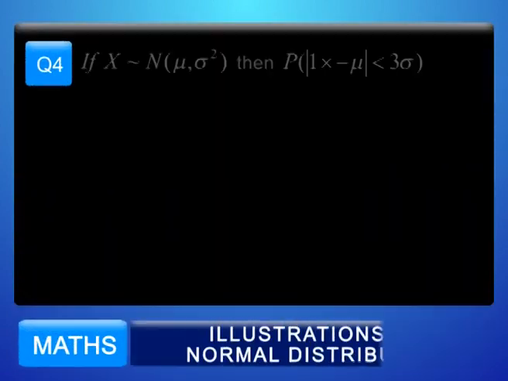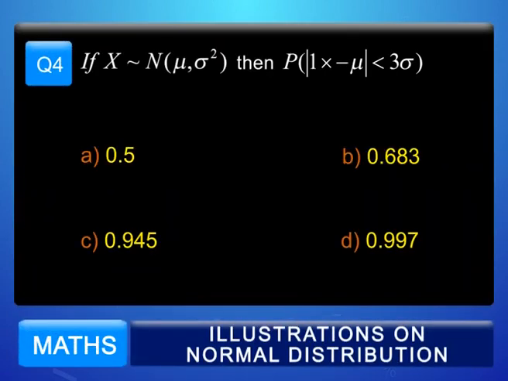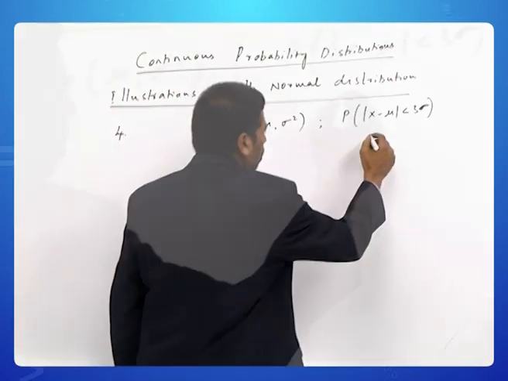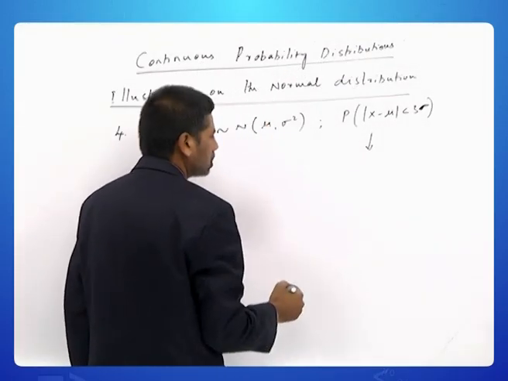Question number 4. If x is normally distributed with mean mu and variance sigma squared, then what is the approximate value of probability mod x minus mu less than 3 sigma? So let's look at this.